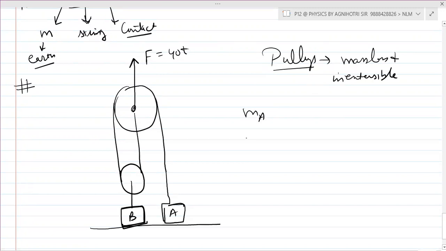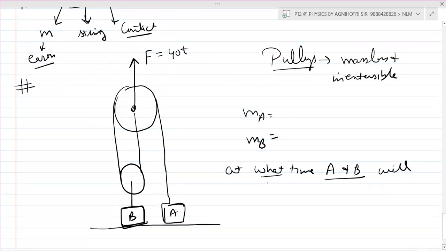Some masses MA and MB are given to you. So the point of discussion is at what time the A block and B block will be lifted off. So this is the main point of concern for you all.